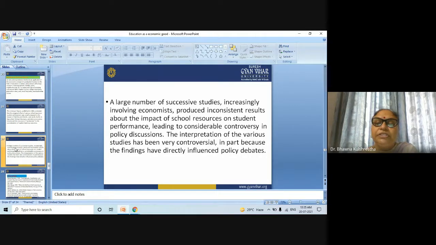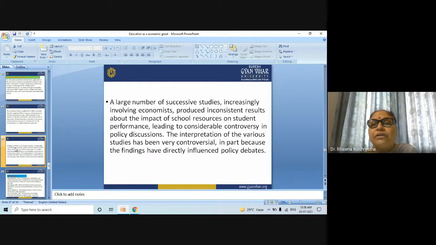The interpretation of the various studies has been very controversial, in part because the findings have directly influenced policy debates, and two large separate lines of study have been particularly widely debated.